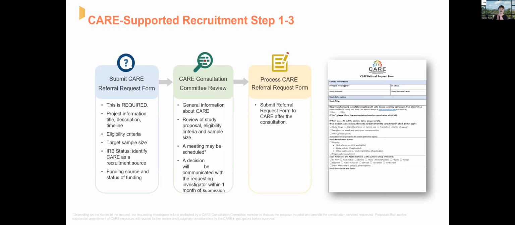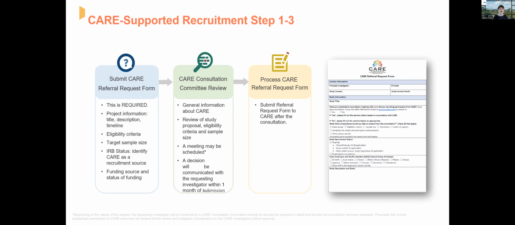On this form, which you can also download on our website, is very basic information, and this is required: tell us about your project information, some description, importantly, timeline, eligibility criteria, as well as your target sample size, specifically the target sample size that you would like to have CARE support on your recruitment.